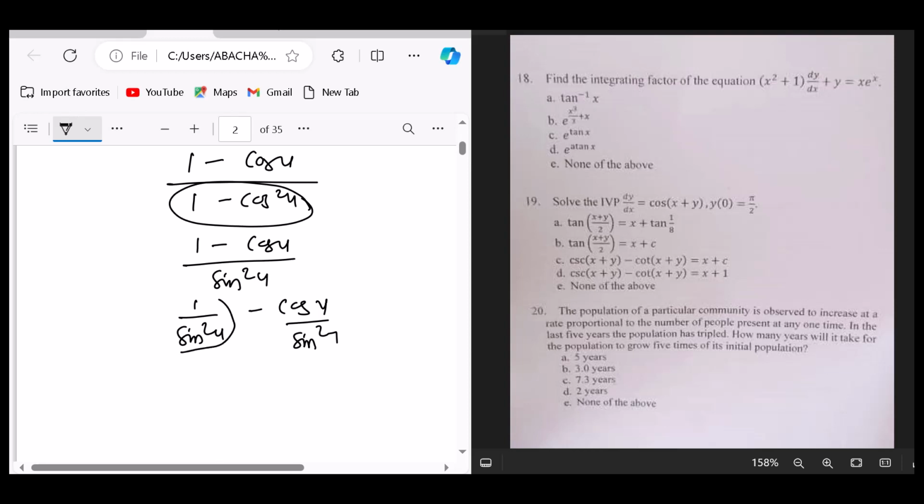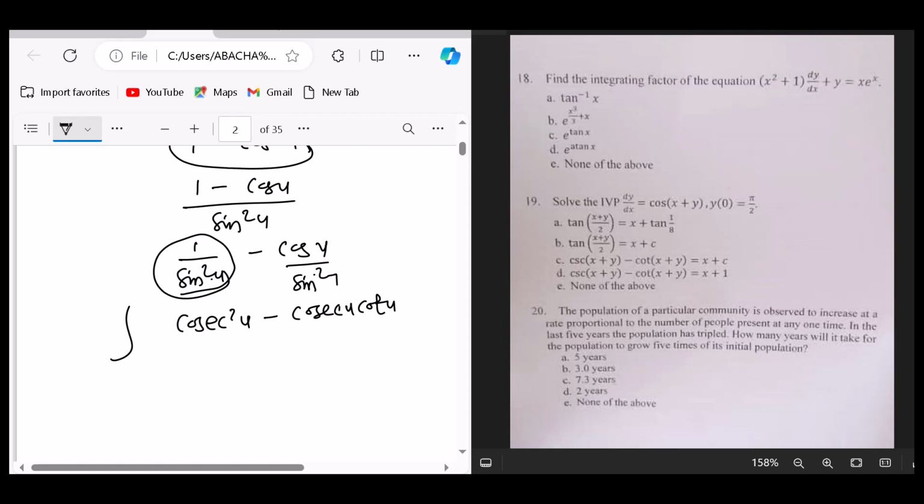But this one here is cosec squared u minus cosec u cot u, like this. So we want to integrate this thing.